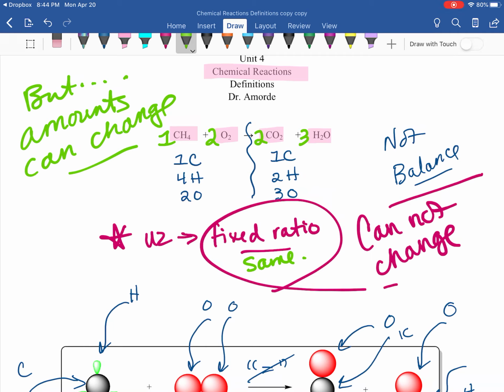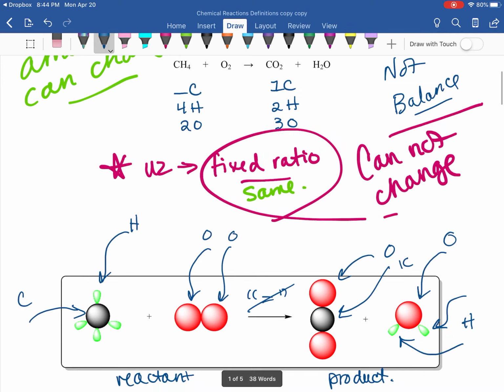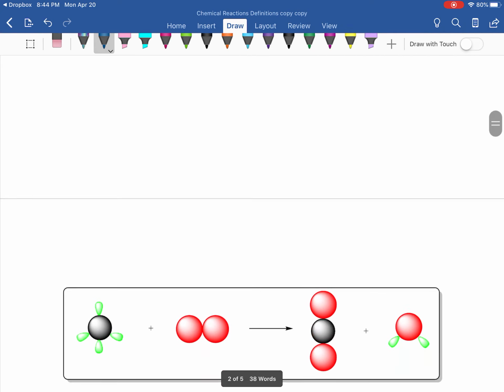Or what if we make 2 carbon dioxides and 3 waters? Those can change. So it is totally fair game to use amounts like this to balance your reaction, but you cannot change these. Those fixed ratios, those little subscripts, those stay the same. That is what makes that molecule, but we can change our amounts or those coefficients out front.